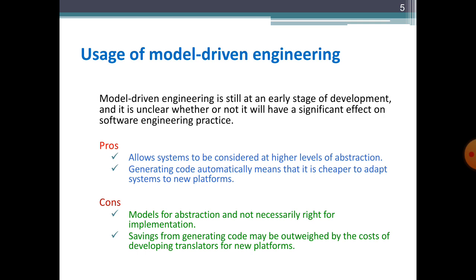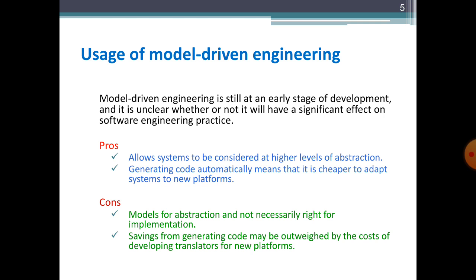So students, in a nutshell, model driven engineering is an approach to software development in which a system is represented as a set of models that can be automatically transformed to executable code.